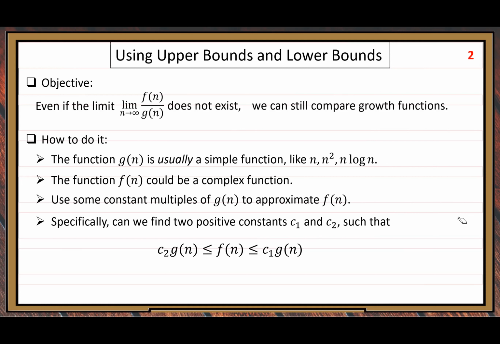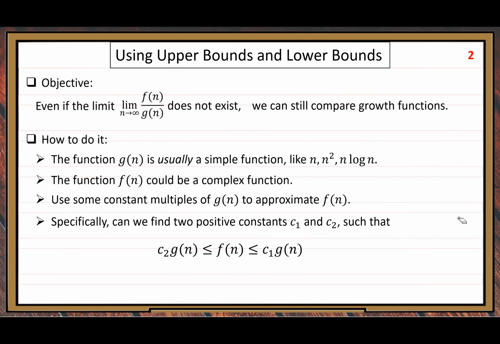So using the upper bound and the lower bound, we can describe the approximate range for this f of n. That gives us an idea.